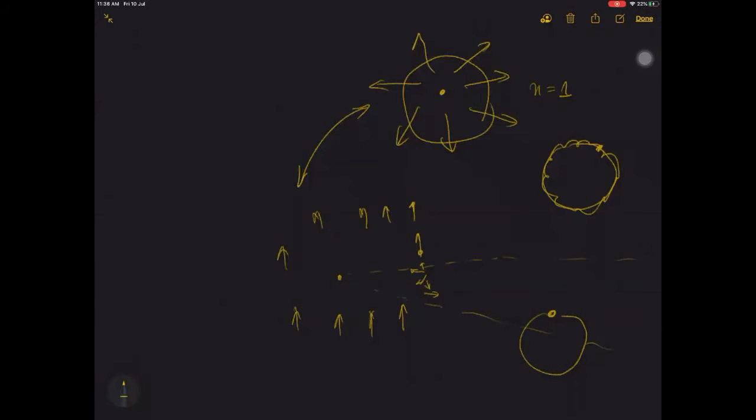So if I have to convert it into n equal to 1 configuration, n equal to 0 configuration, I have to get rid of this wedge. To get rid of this wedge, I have to take all the spins in this wedge and rotate them by a finite amount, to get to n equal to 0 configuration.